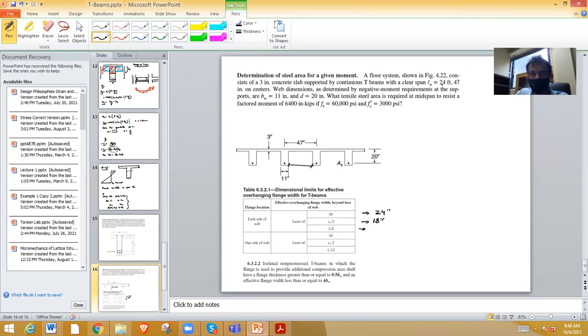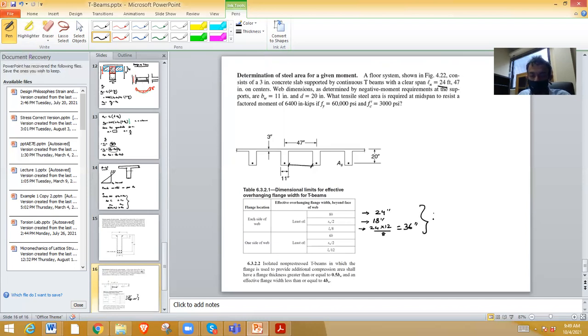Ln by 8, where Ln, the clear span, is 24 feet: 24 times 12 inches by 8 is 36 inches.